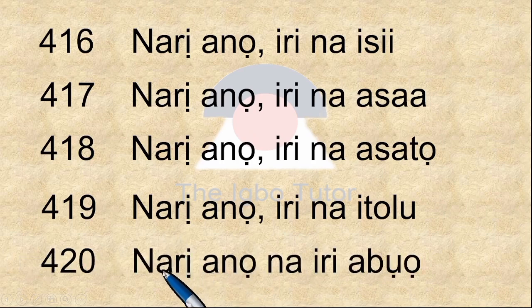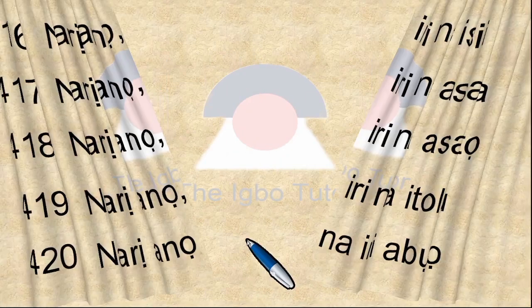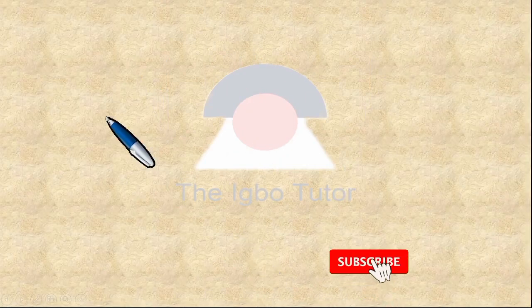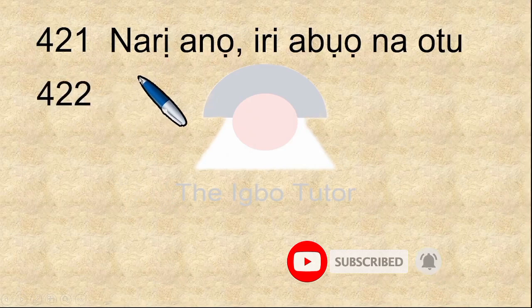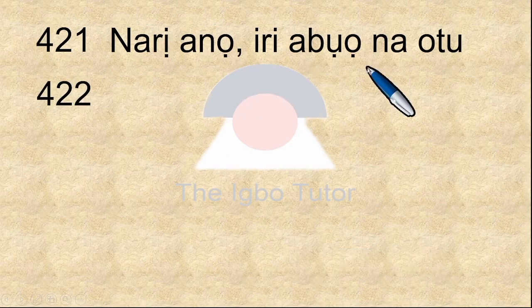While 420 is nari ano na iri abuo. Nari ano 400 and na iri 10 in 2 places. Iri abuo. Move on to the next page, and the first number here is 421, which is nari ano iri abuo na otu.